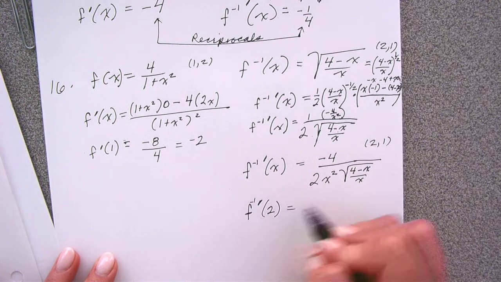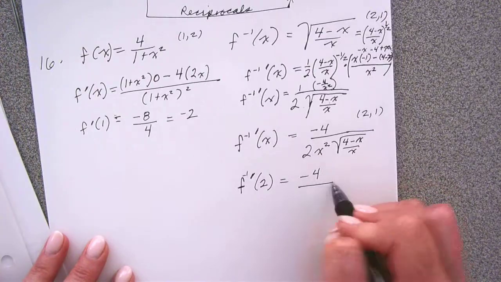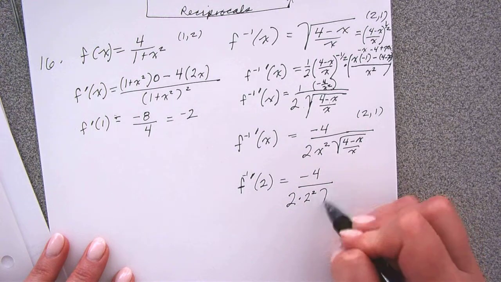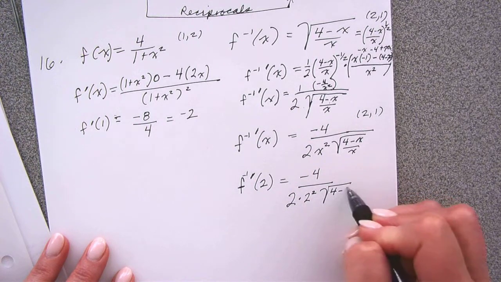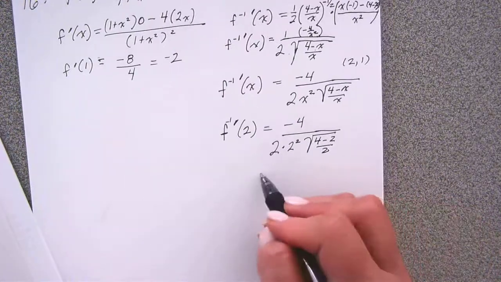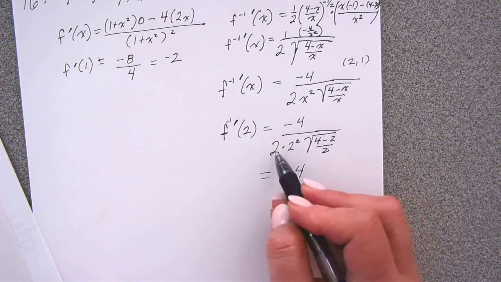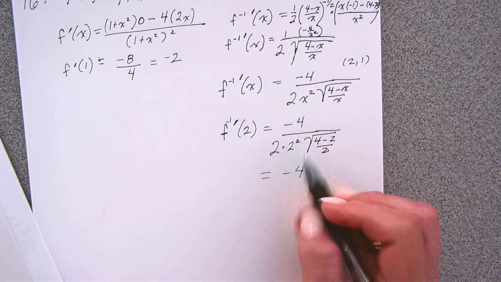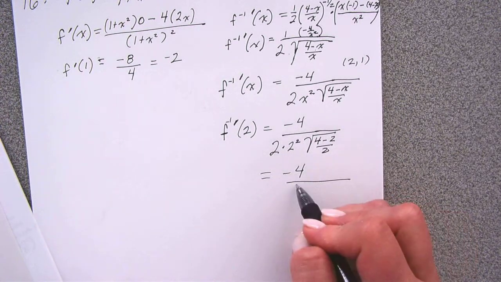Okay, so negative 4 over 2 times 2 squared, times the square root of (4 minus 2 over 2). So negative 4, and then 2 times 2 squared is 8.